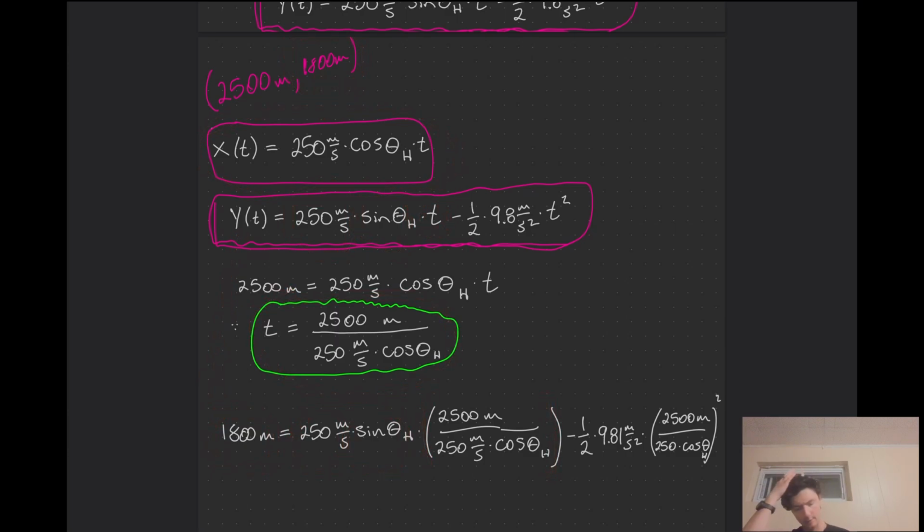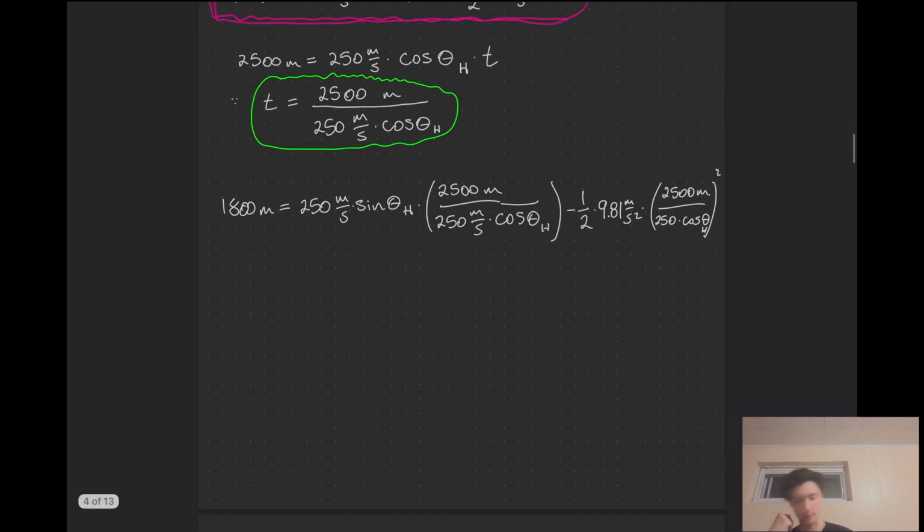We're trying to eliminate a variable so we can solve and find the other unknown. In this case, the only unknown is this theta h. Then I have the rest of the equation here, negative 1/2, 9.8. I added a 1 here, there's no 1 here. Sig figs, it doesn't matter too much. And then here, t squared, I just put the same thing that we got from here and square it. And I also didn't write units here just because it was getting a little cramped.